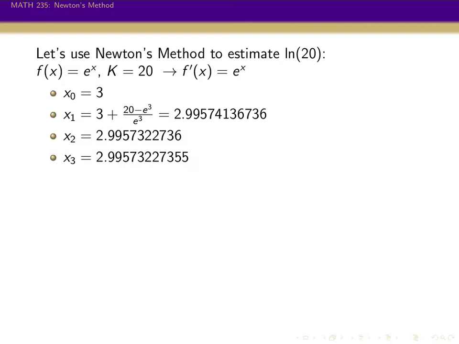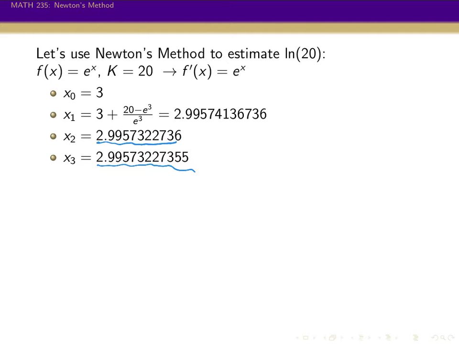And then you see our x3 is essentially the same as x2. The only difference between these two is at the 9th decimal place going to the 10th decimal place. So that probably means that those 10 decimal places are correct. This isn't always true, but it is generally what happens.